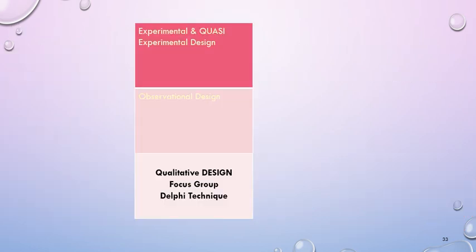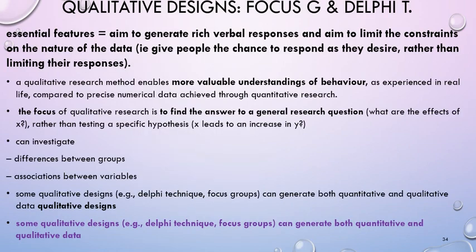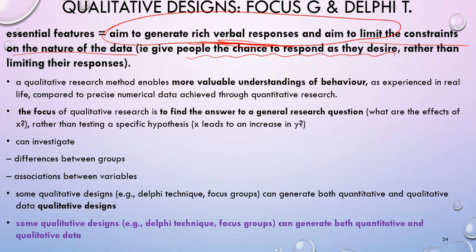Now if we go to the next design, the focus group and Delphi technique, I want to make sure that we remember the essential features. The essential feature in this case is that the designs aim to create rich verbal responses and to limit the constraints of the nature of the data. That means all the people have to have the chance to respond the way they feel like it. This is the goal.